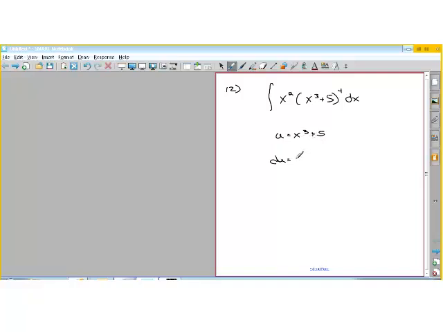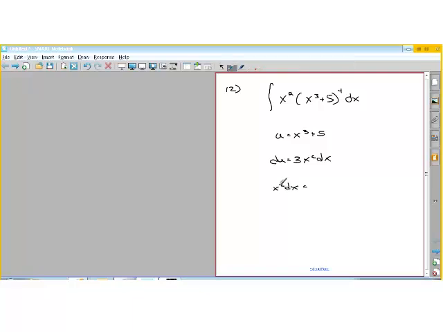Step number 2, calculate du. The derivative of this expression is 3x squared plus 0. And then we multiply by dx. We look at the original expression and see we have u here, so what we have left over is x squared dx.